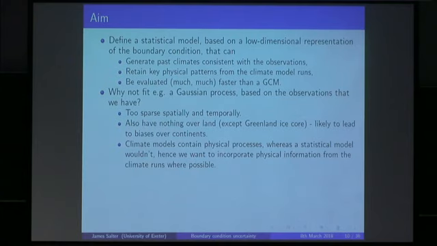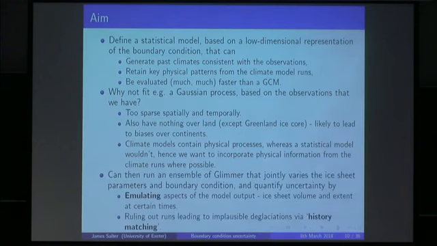And also we're going to do this in such a way that we exploit the information that we do have from our climate ensemble. Although it doesn't match perfectly, it's still governed by all the physics of the climate. So there'll be patterns in there which we can use to help us define a model that can match the observations better.